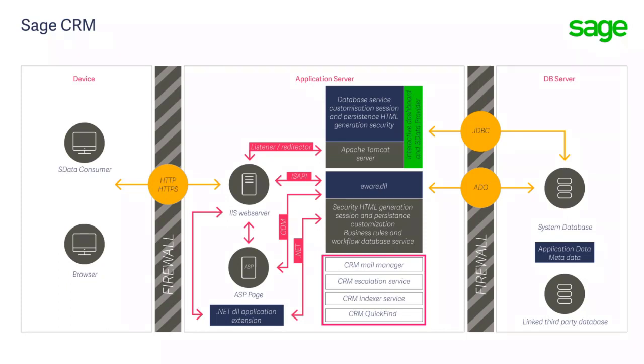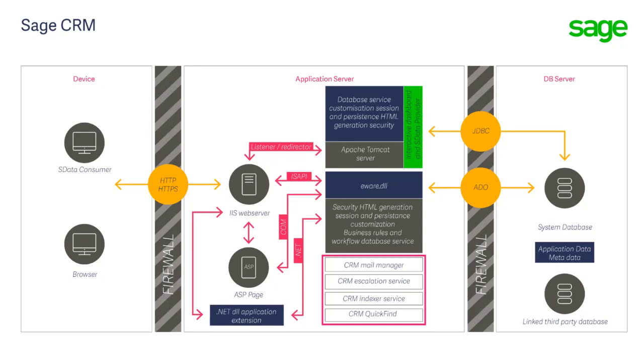We implemented the Apache Tomcat server largely to allow us to move faster and use a wider library of third-party components for everything from mail merge through to data import through to dashboard technologies, etc.